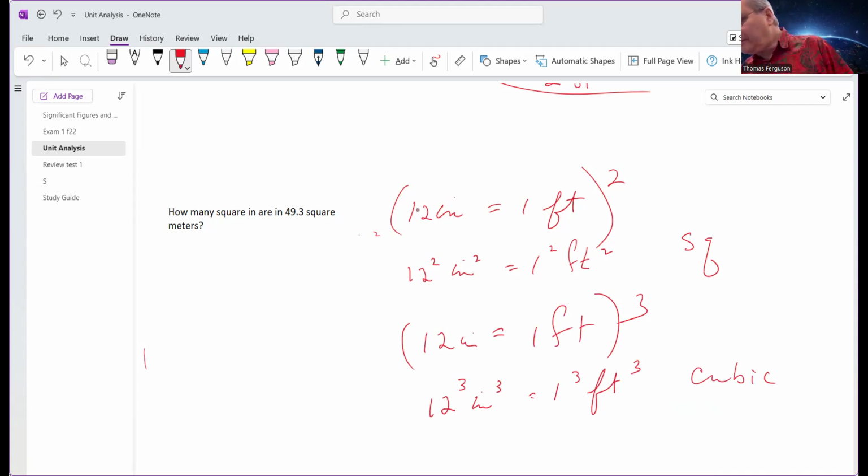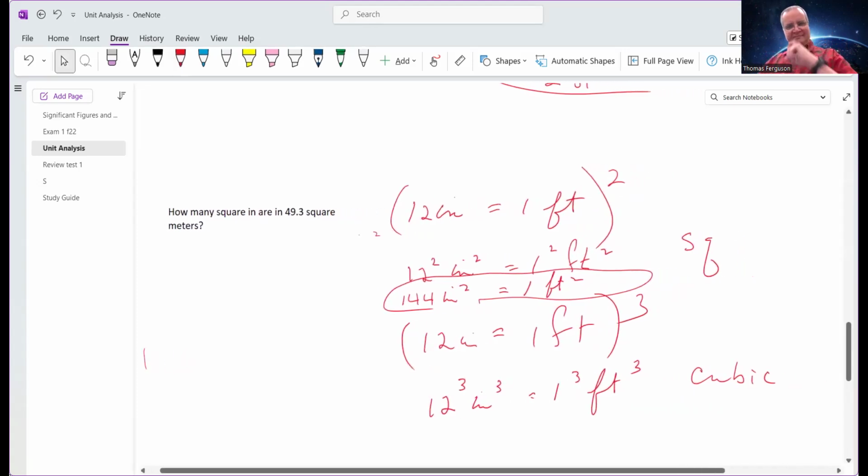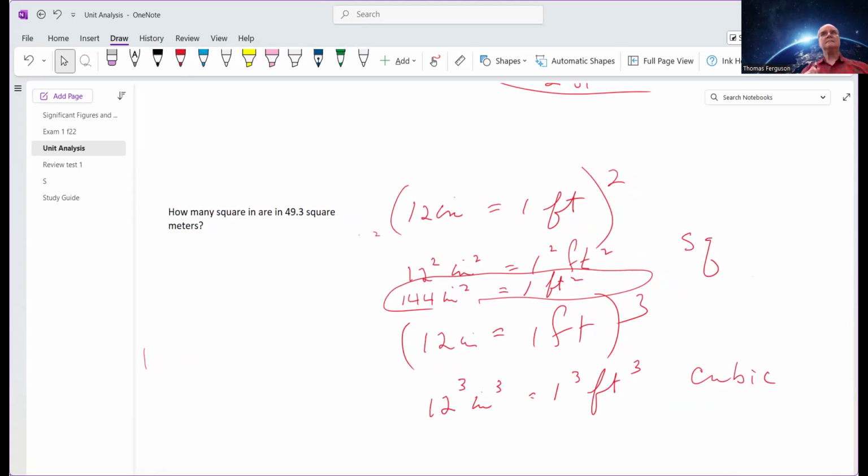So this is going to be 144 square inches equals 1 square foot. Does this make sense, by the way, what I just did?